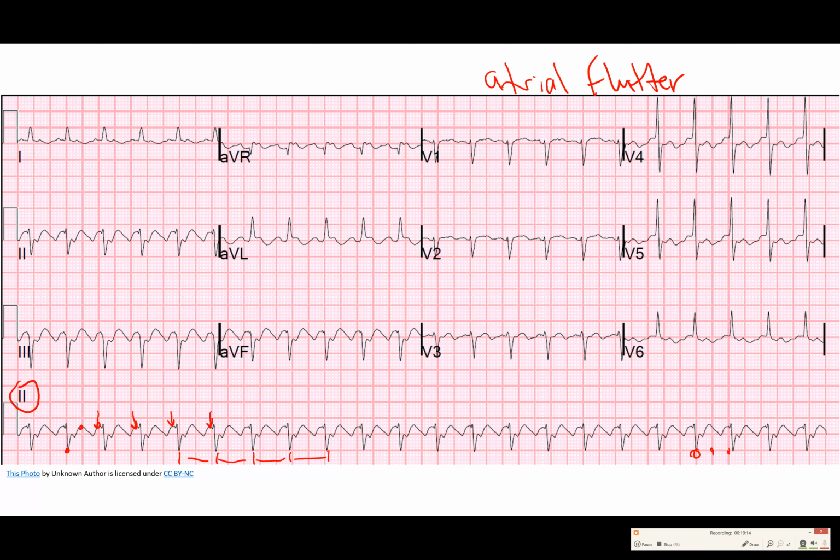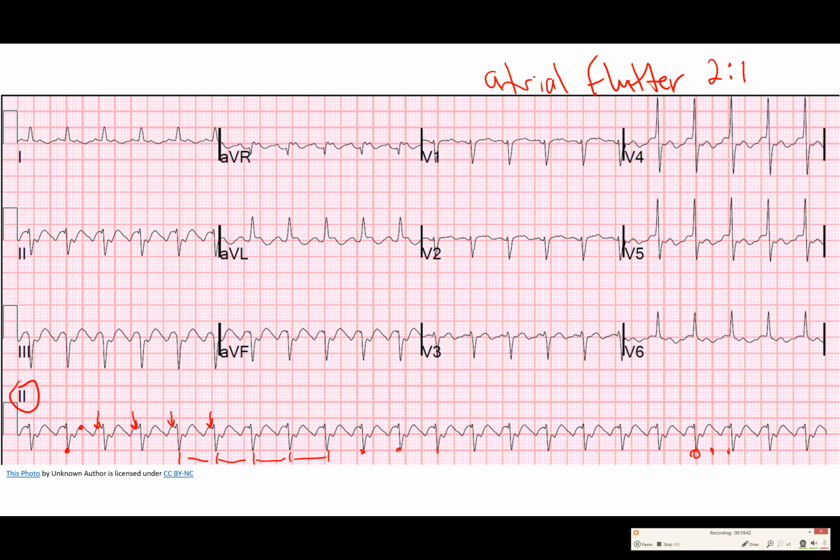So we're getting 150 beats per minute on the QRS complex, but the P wave is firing pretty much every 300, enough to give a heart rate of 300, and every other one is being blocked, so you end up with what we call a 2-to-1 block, and a rate of 150.